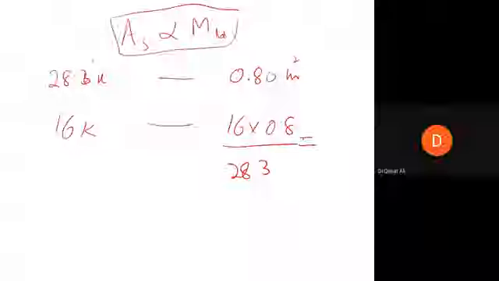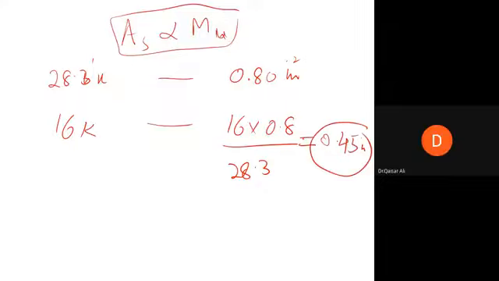So this is 16 into 0.8 divided by 28.3, which is 0.45. And so on. For the rest of the bending moments, you can calculate the area of steel in this manner. Correct?